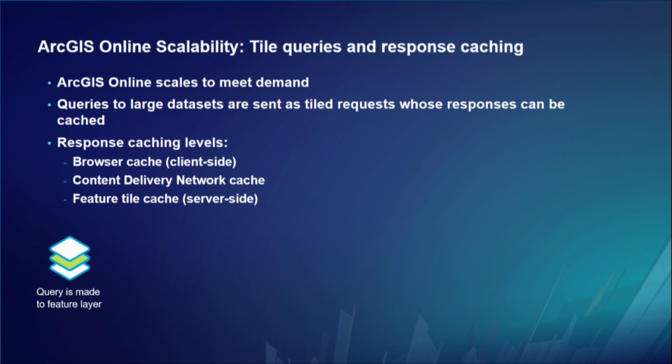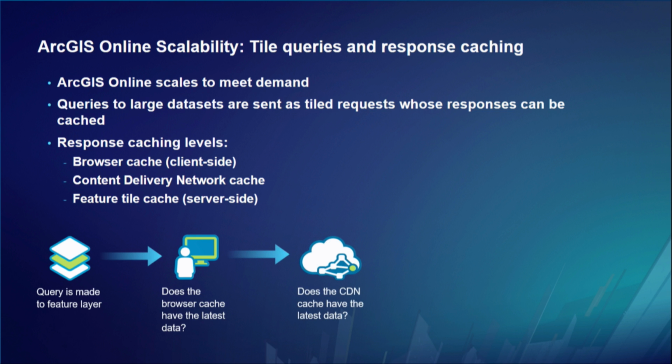What happens is a user hits an application, and a query is made to the feature layer. We ask: does the person's local browser cache have the latest data? If not, does the content delivery network, powered by cloud services, have the latest data? If not, does the feature tile cache on ArcGIS Online servers have the latest data?